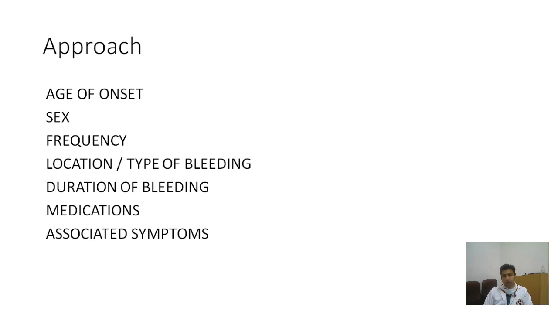These could predict that the child may be having a malignancy. So it's very important to take a very detailed history and do a systemic examination, because subtle clues can be obtained regarding the cause and the severity of the cause of bleeding.